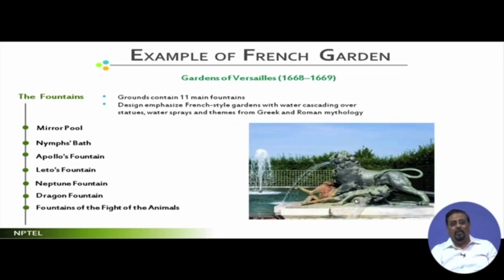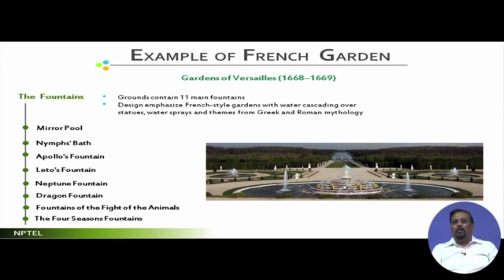And then fountains of the fighting animals. This kind of thing we have seen in many of the contemporary landscape styles which got developed over the last about, say, 200 centuries or so. These are the strong contributions of the French landscape styles.